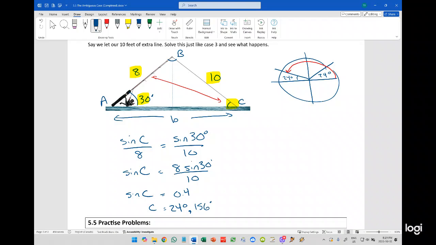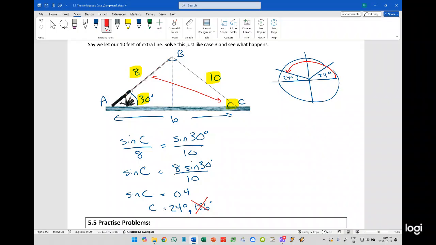However, just by observation, if C is 156 and A is 30, C and A are already over 180, and that means that this answer is not possible. So it turns out that if the second side length is long enough, we go from ambiguous back to just one case again.